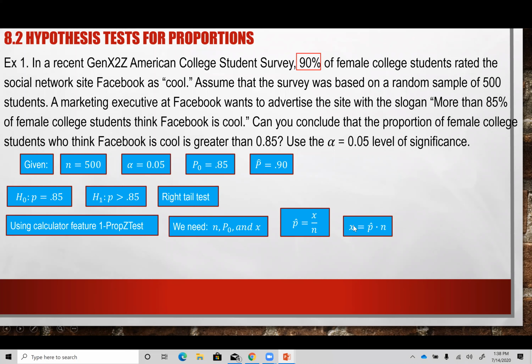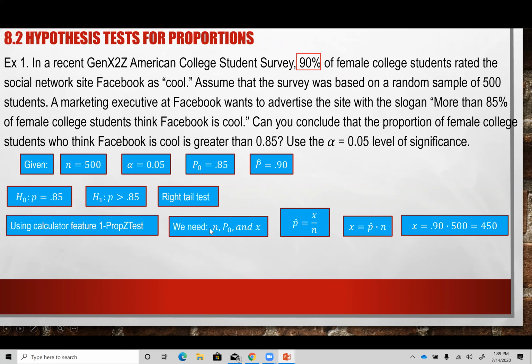That's one algebraic expression: I multiply the N over, and I have X equal to P hat times N. Do I have the P hat? Do I have the N? Hopefully you see that the P hat is 0.90. That's what they give us. The n is 500, so I can multiply them. I can use this formula to find that my x is equal to 450, right?